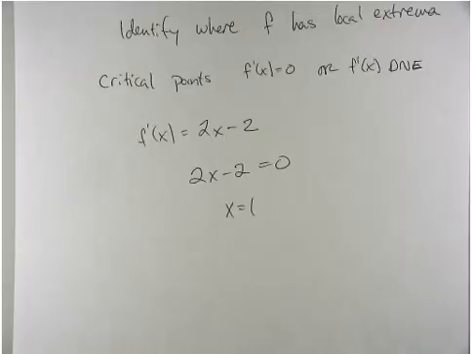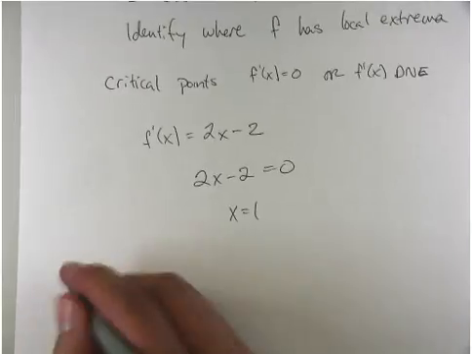How might I figure out whether 1 is a maximum or a minimum or neither? I know the derivative is 0 at 1. If it were a maximum, what would it look like?